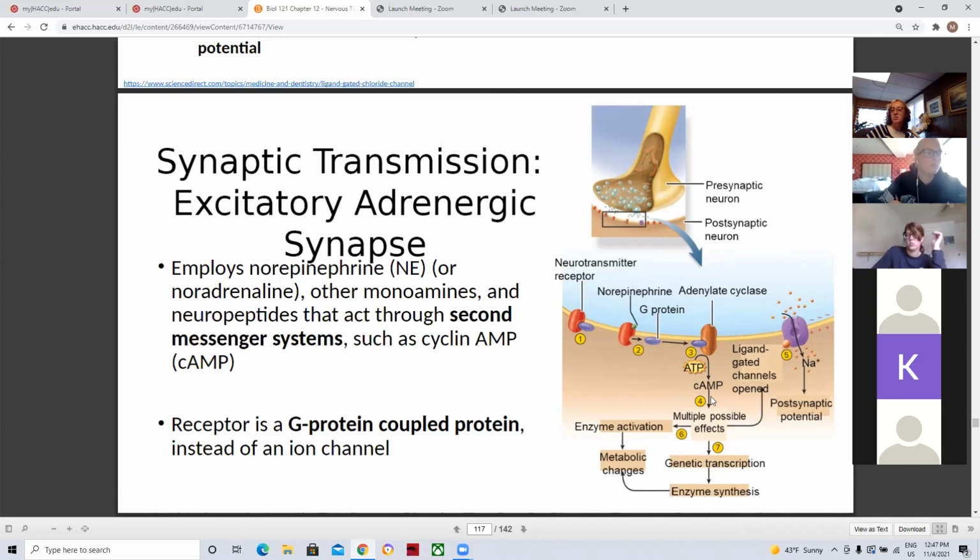Cyclic AMP then goes on to have multiple effects, including enzyme activation, changes in gene expression, and opening more ligand-gated ion channels.